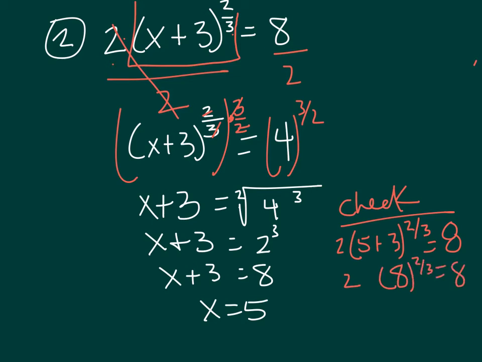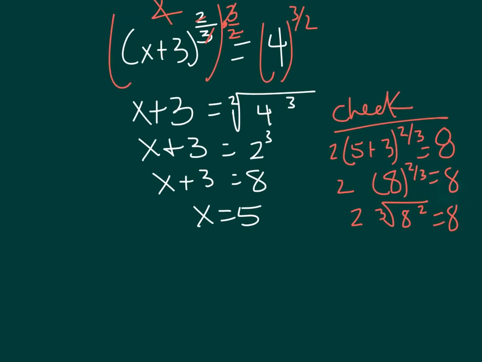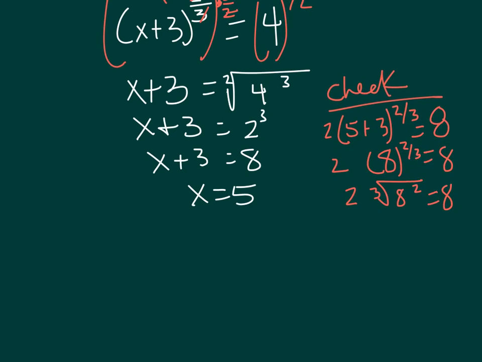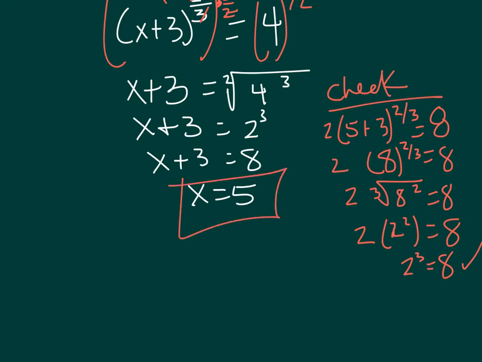Right now it doesn't look like it, but cube root of 8, squared. Cube root of 8 is 2, squared. So we end up with 2 to the third equals 8, which is true. So x does equal 5.